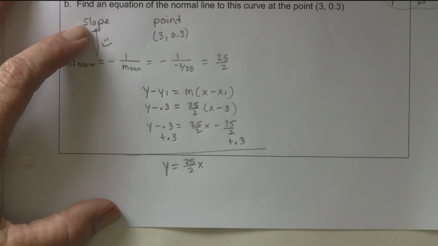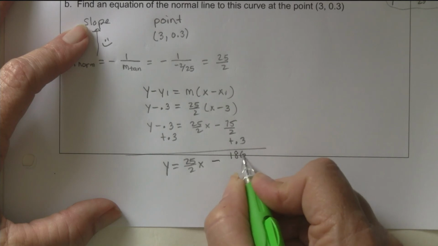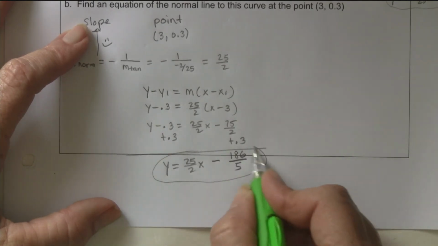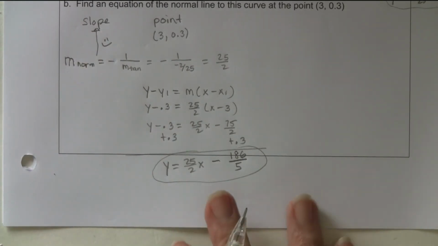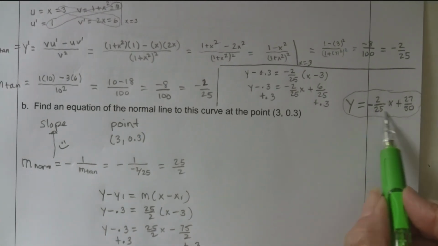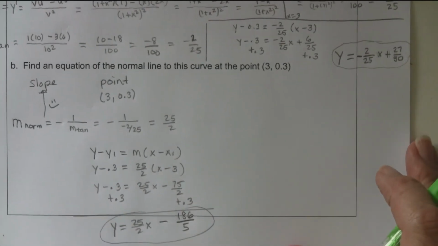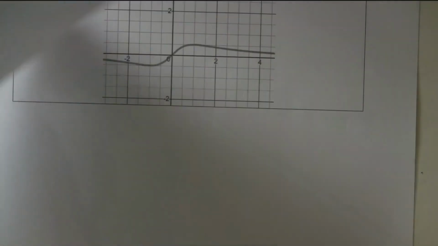So what do I have? -75 over 2 plus 0.3, and that's -186 over 5. Okay, so we did a lovely job at finding the equation of the normal line. A really common boo-boo that I see a lot is people will think that they can come right here and just change the slope. And you notice that wouldn't have worked, right? And so you can't do that. So anyway, that's the story there.